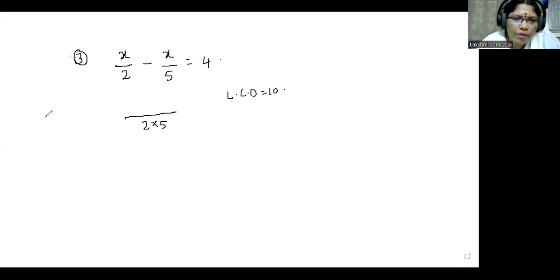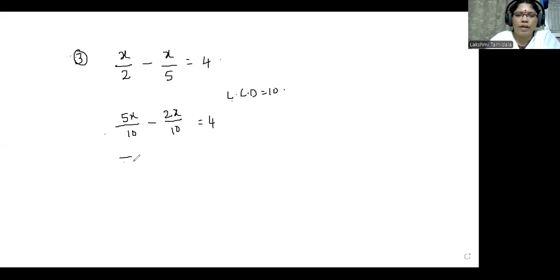So what we do here is, to get the denominator as 10 in this term, we have to multiply both numerator and denominator with 5. So this becomes 5x minus, here to get the denominator as 10, we have to multiply both numerator and denominator with 2. So this becomes 2x, which is equal to 4.